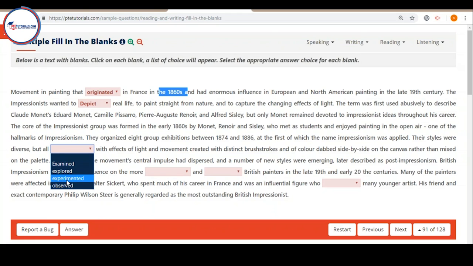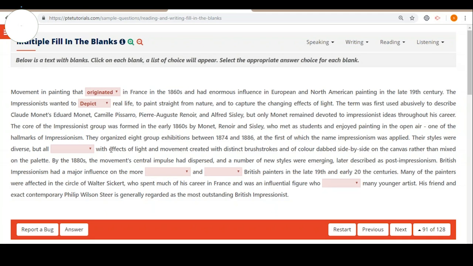Their styles were different, but all experimented with effects of light. You're talking here about painting, that's why you're writing this. But all experimented with light and movement created with distinct brush strokes. When a painter starts painting, sometimes we are not aware of what the product will be at the end.